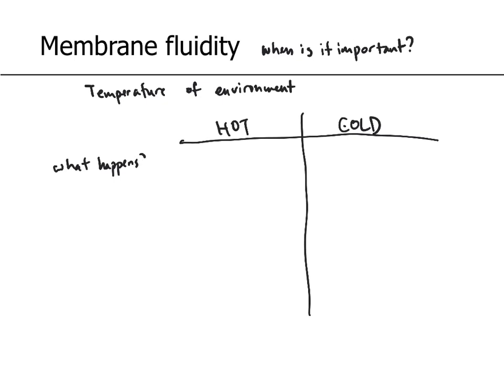Just in general, what happens to molecules and things in the hot environment? So molecules are moving faster, and bonds start melting, right? And then on the opposite side, in the cold environment, things are moving a lot slower, and you can get freezing of the different molecules.